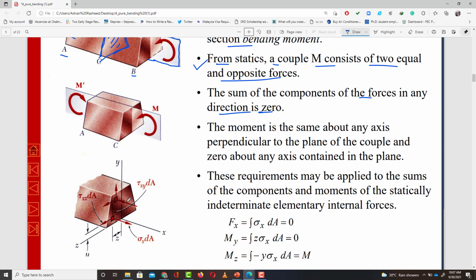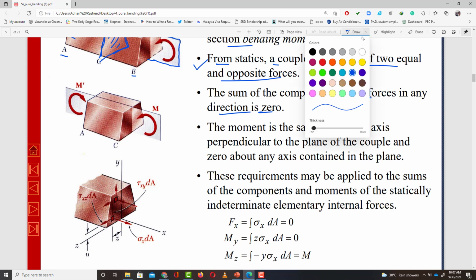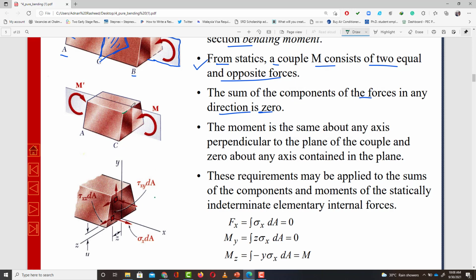Let me choose another color. This is the same face of the beam. When you cut it, there will be internal reaction forces which result in this couple.